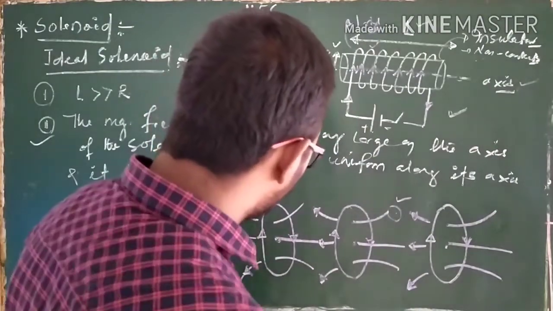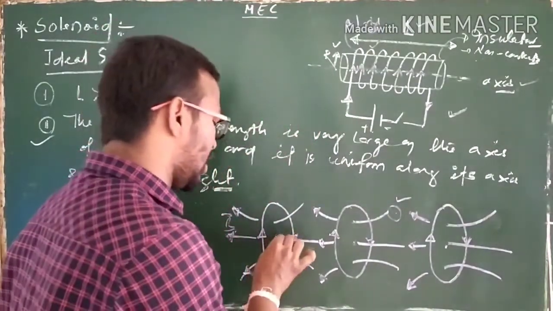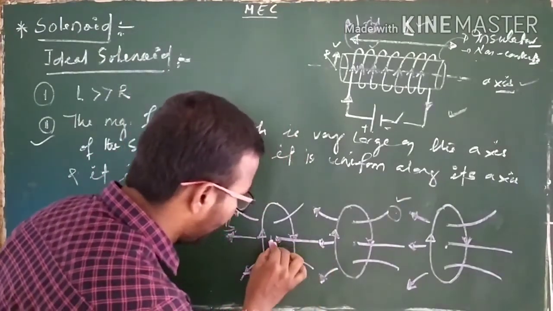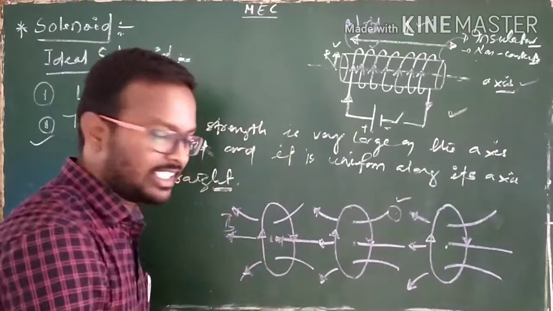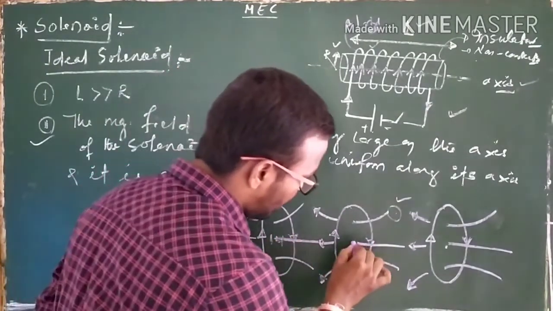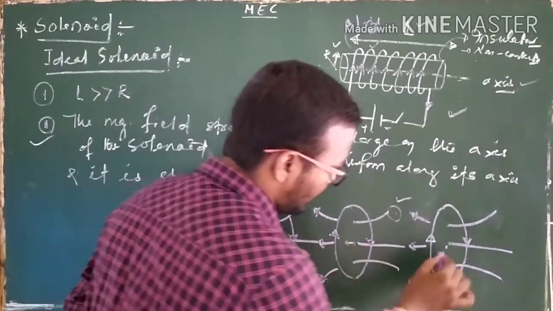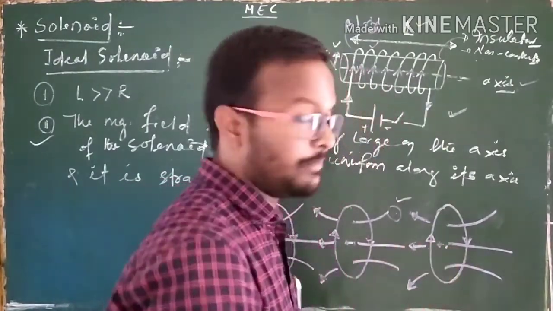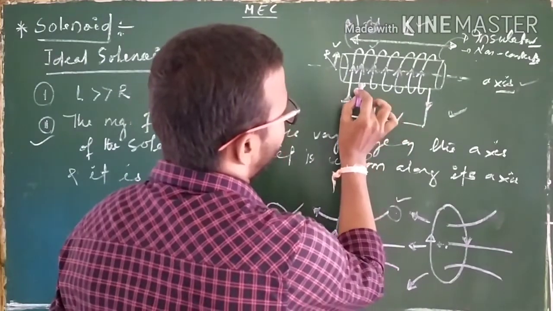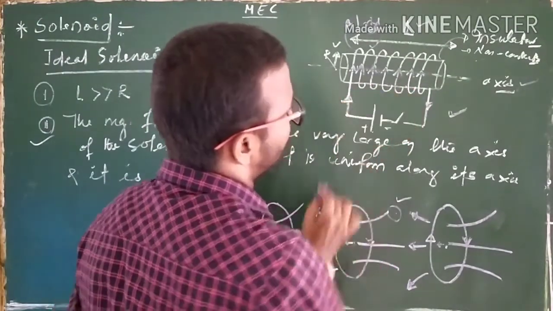We know the magnetic field lines at the center of a circular coil are a straight line. That means at the center of the ring the field line is a straight line. So here the magnetic field line is a straight line, and here also, due to a large number of turns which are very close to each other.